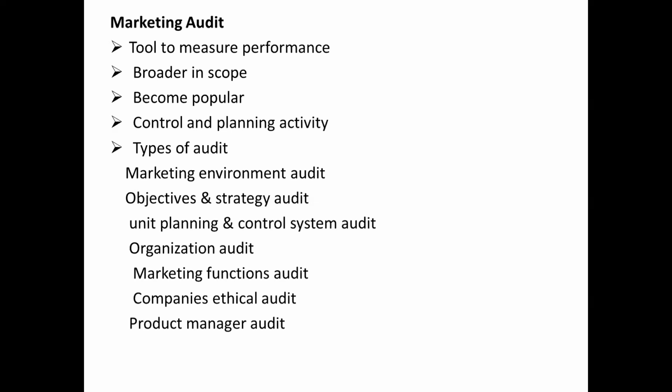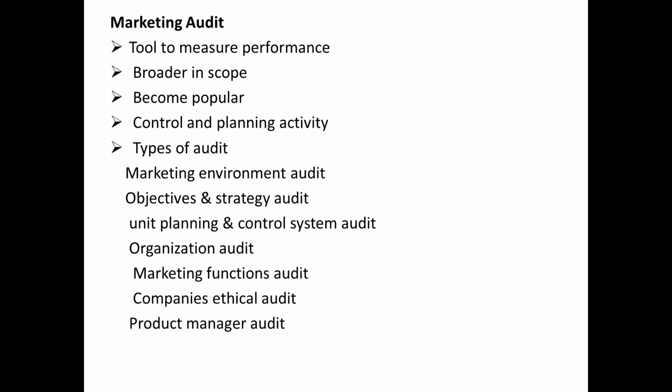Now, this marketing audit, it may be restricted to a single firm, single organization. It may be expanded to the strategic business units, different business units. A single product line can also be treated as a strategic business unit, or as a profit center, or for the entire company also the marketing audit can take place.